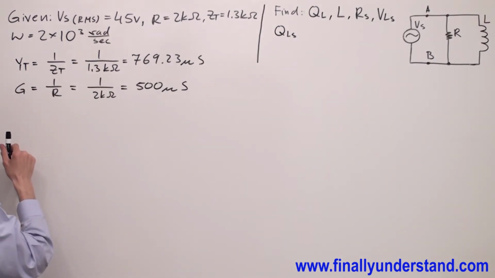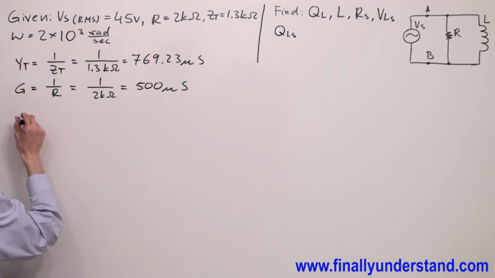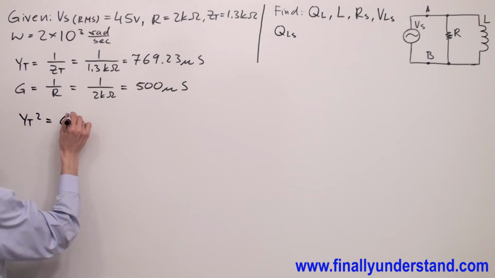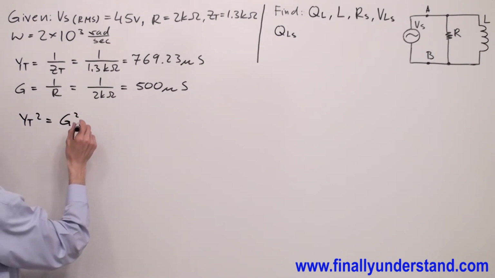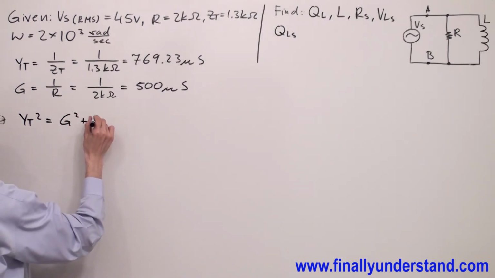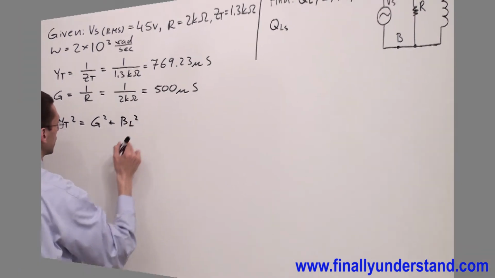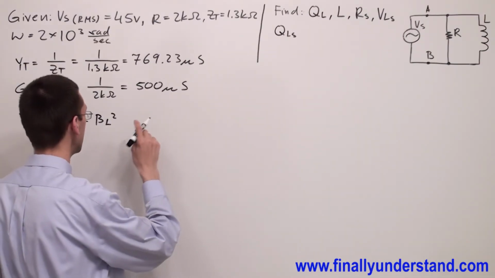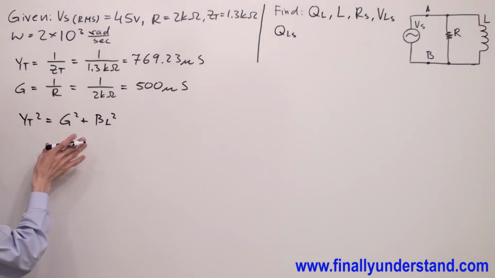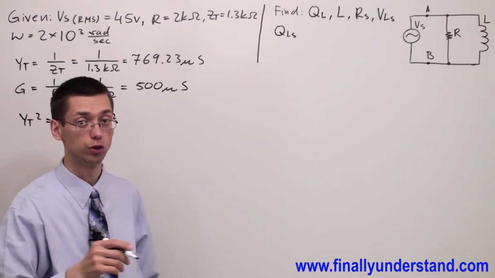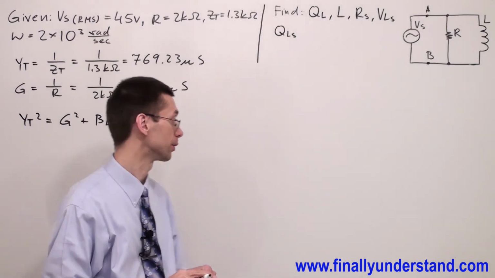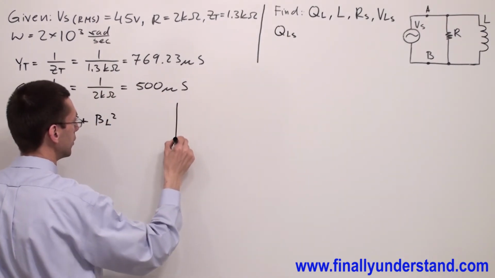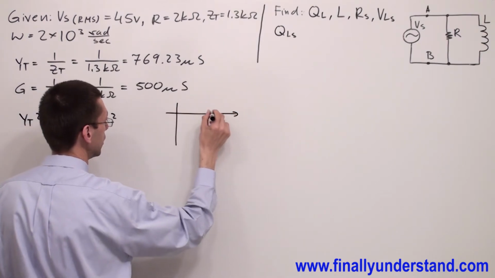find BL. The Pythagorean theorem says Y total square is equal G square plus BL square. In order to visualize this formula, you're supposed to remember that we are talking about the admittance diagram, not impedance diagram. We are talking about admittance diagram, where we have conductance.